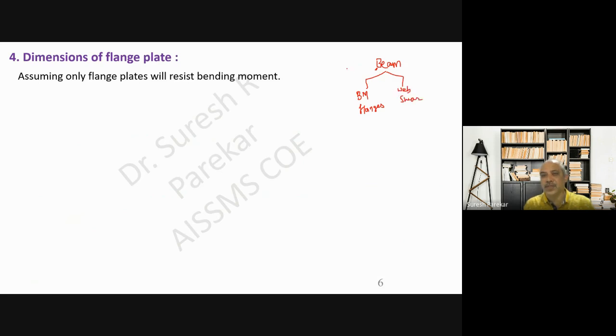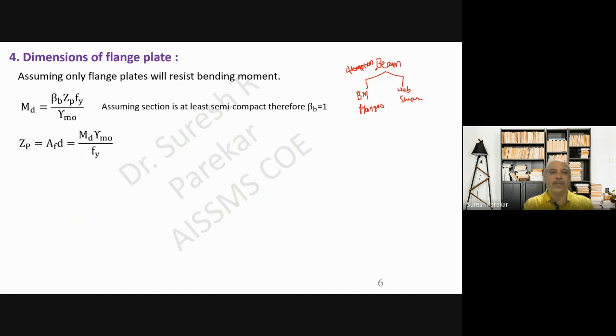These are assumptions, and we are going to consider them while designing the flange plates. And then we have Md, that is beta b Zp fy upon gamma mo, assuming the section is at least semi compact, and then beta b is equal to 1.